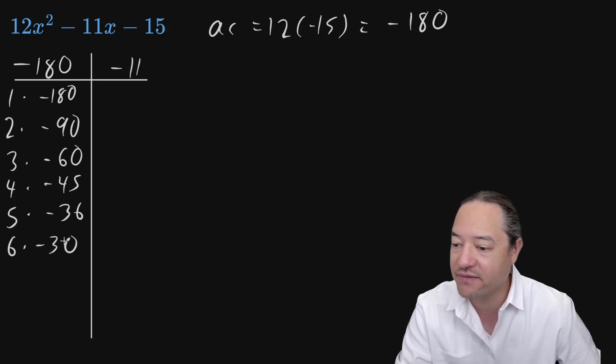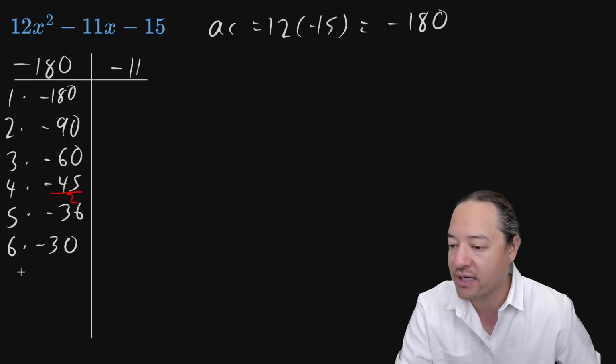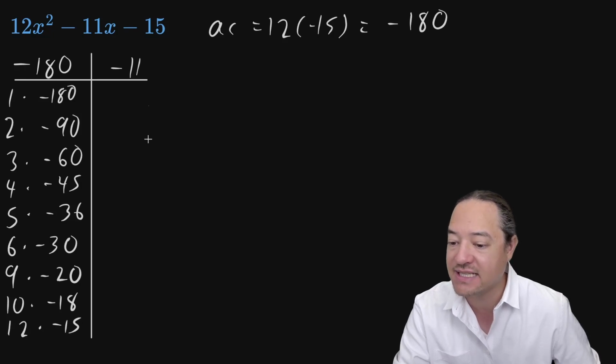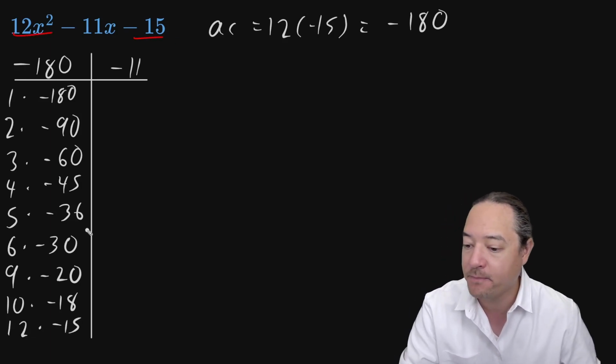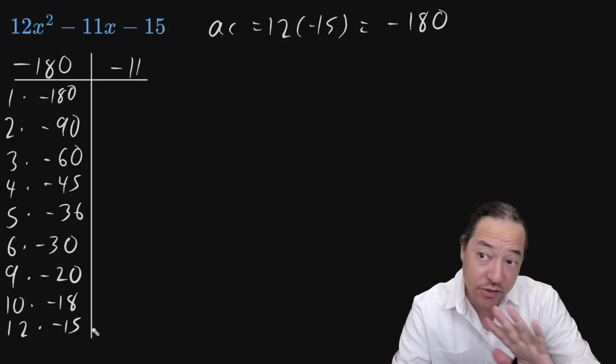That'll be a negative 30. 7 I don't think works. And I don't think 8 works either because I have to divide this by 2. That won't work. 9 will work though, right? 9 will give us a negative 20. 10 will also work, a negative 18. 11 won't work, but 12 does. 12 will give us this negative 15. That's how we originally got that number. And I think 13 and 14 won't work. So I think that's it. These are all of the possible factors.